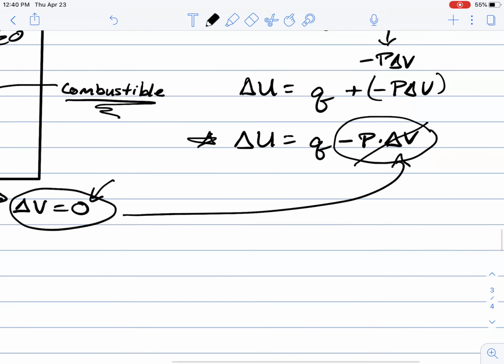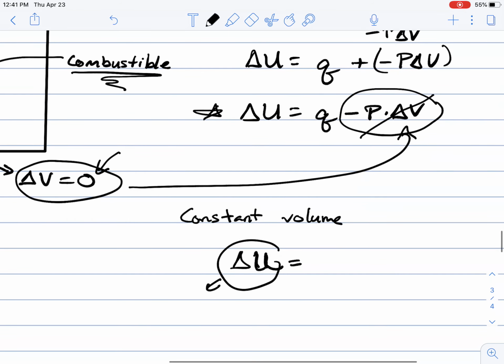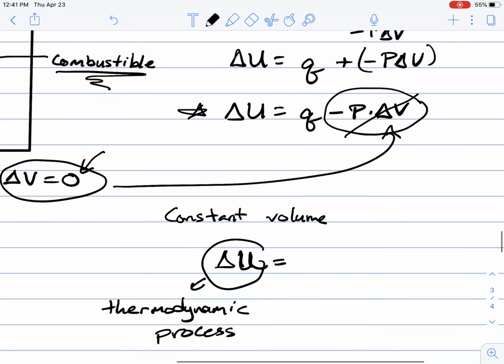And so overall, under constant volume, the equation boils down to the change in internal energy, which is describing the overall thermodynamic process. It can be summed up as simply Q, or heat.